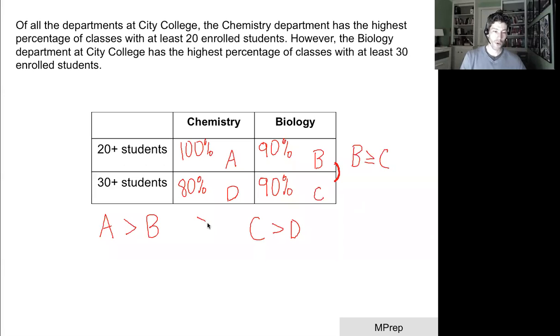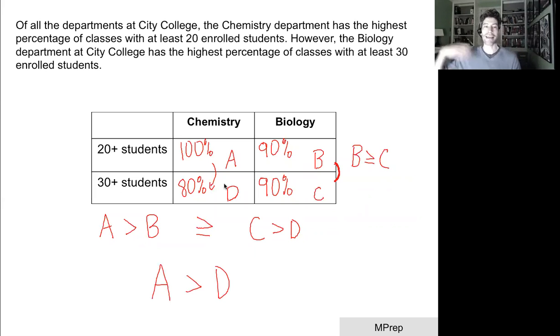So if I put all of that in a chain here, what's implied is that A must be greater than D. And that's why you see this decrease in number here. What that means for the chemistry classes is that you lost some classes going from 20+ students to 30+ students.